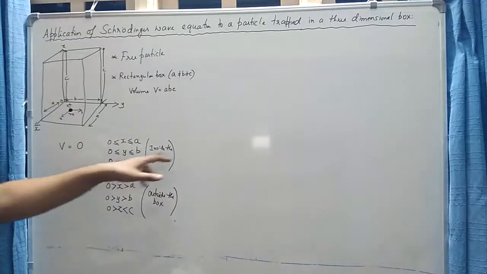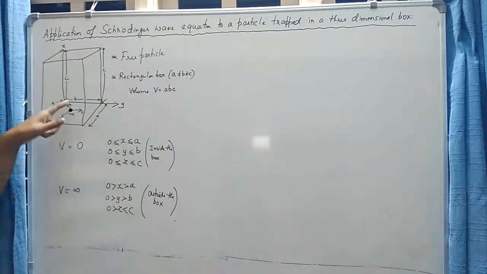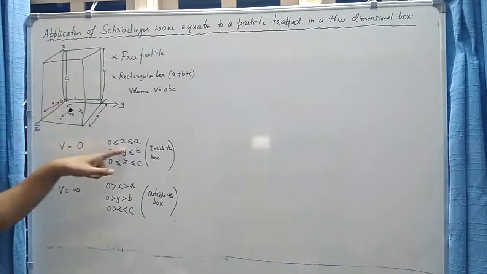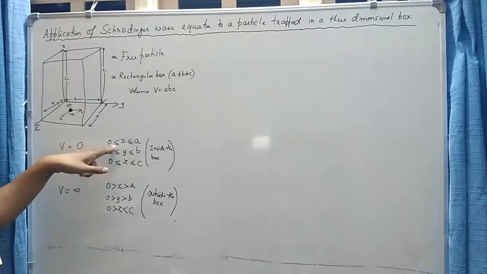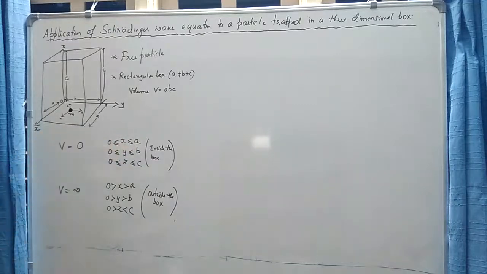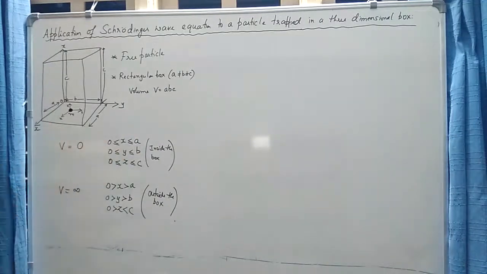Okay, so inside the box, which is specified by this condition, the position of the particle x along the x-axis should be greater than 0 and lesser than or equal to a. Similarly, along the y-axis, the value of y should be greater than or equal to 0 and less than or equal to b.